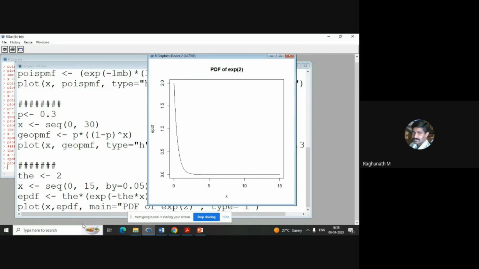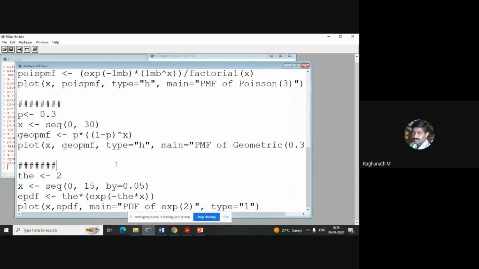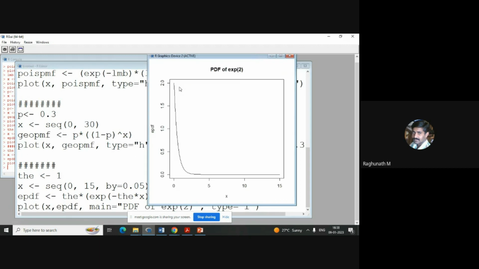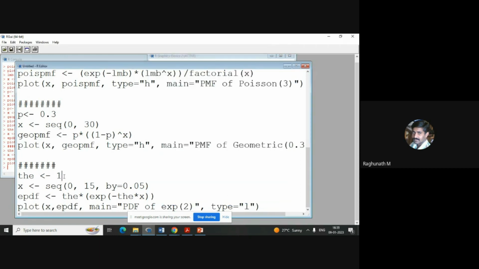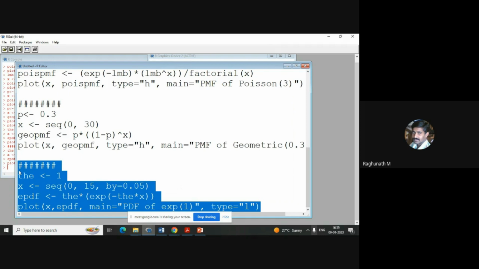Next you can change with different things. If I take theta equal to 1, let me see what happens. If you look into the graph of 2, it starts from 2. But if you start with 1, this is called the standard exponential. It has to start with 1 and it has to decay.